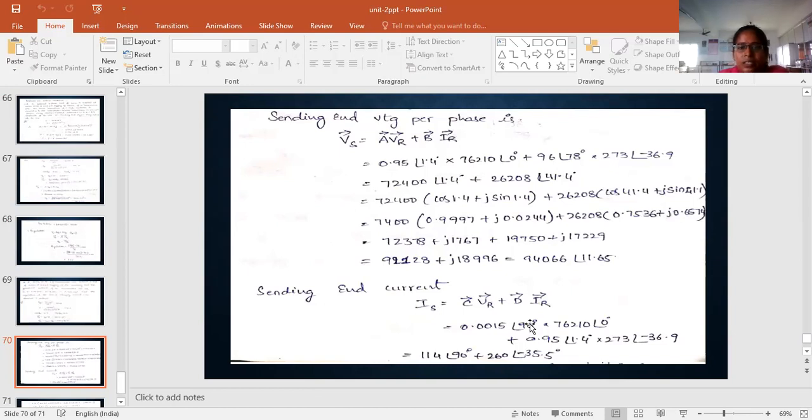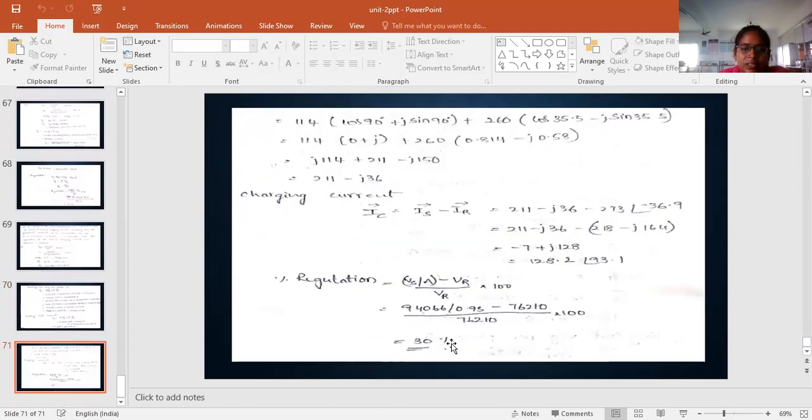By using this we can calculate the Is value, and for the charging current, IC equal to Is minus IR. Substitute the Is value and IR value, we can get the charging current, and the percentage regulation we can calculate here by using the formula Vs by A minus VR by VR into 100. So this is the percentage of regulation.